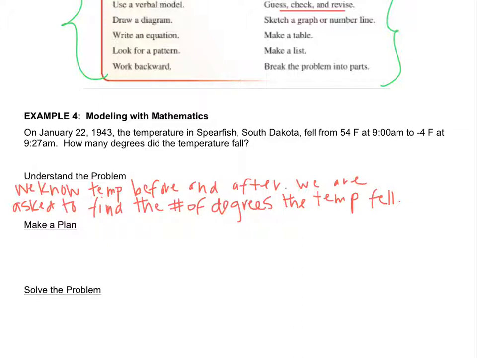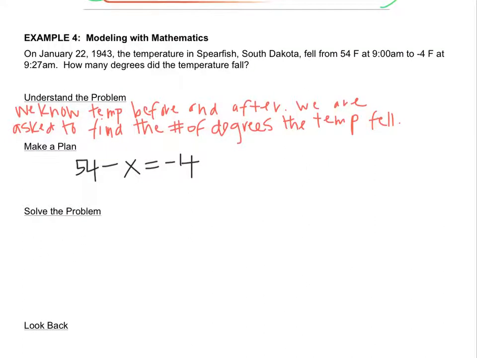So the equation that I'm going to come up with is 54 minus what ends at negative 4. So 54 minus x equals negative 4. So now we solve, and how I'm going to solve this one is to first subtract 54, because the 54 is positive.